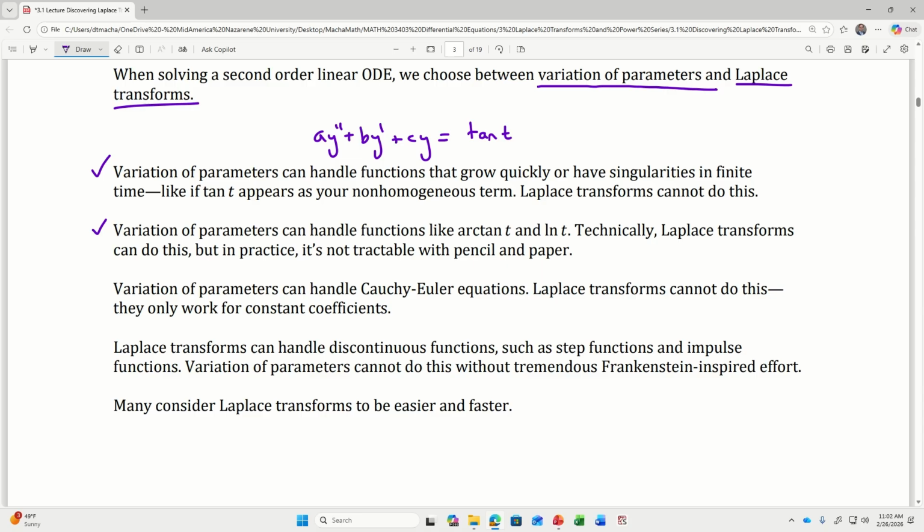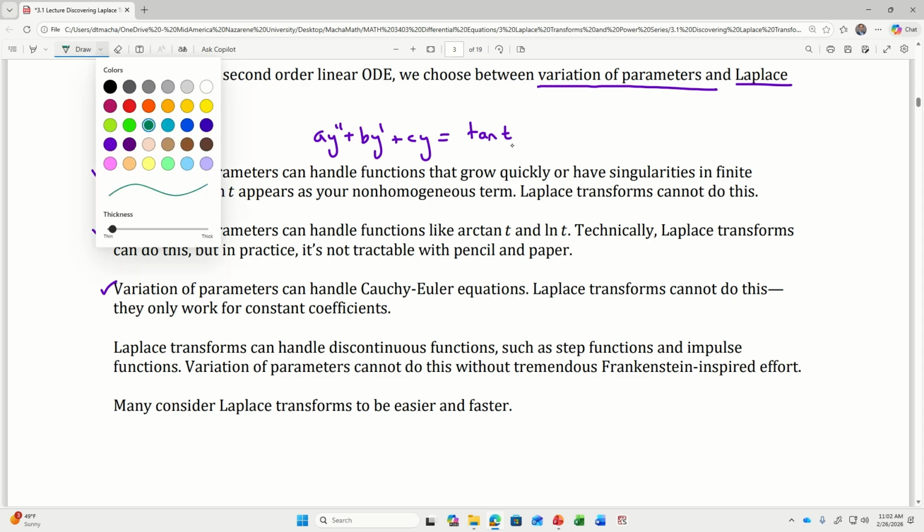And so it ruins the magic of it. Really, the magic of Laplace transforms is that your S domain equation is just plain algebra. So if you take a differential equation from the T domain and convert it to a differential equation in the S domain, you haven't actually made your problem any easier. So that's another win for variation of parameters. What are Laplace transforms good for, you know?